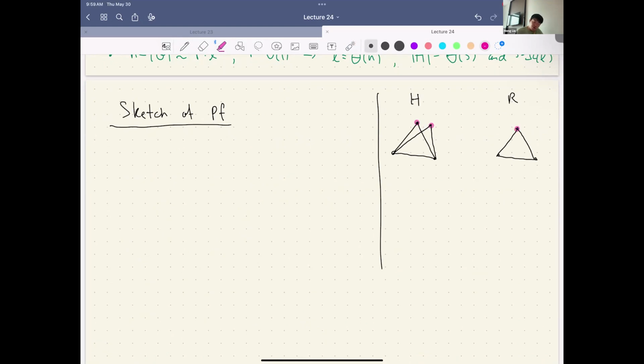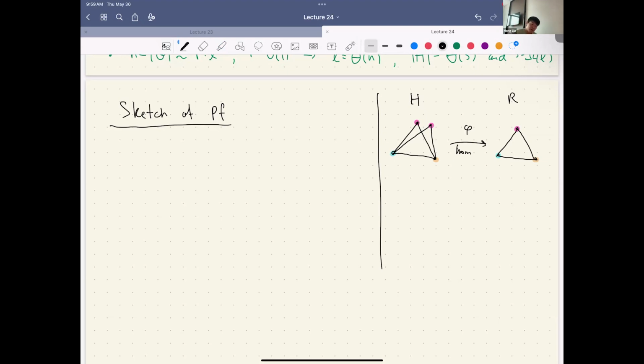You map these two red vertices to this red vertex of R. You map this guy to here, and you map this guy to here. Okay, so this is our homomorphism phi.